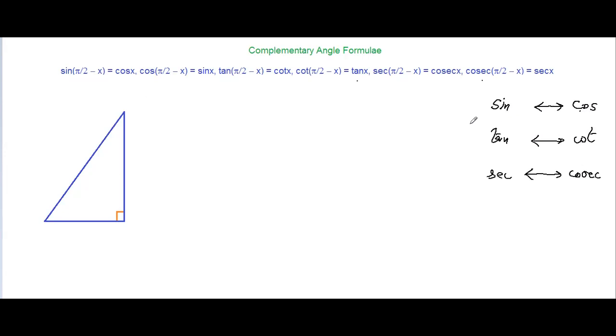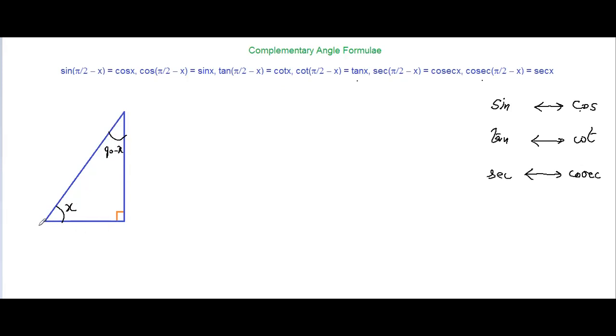These are very simple. In the 10th class, if x were an acute angle, these formulae were there in that syllabus which was actually deleted. So I have taken this diagram for the acute angle just to make things clear. If this angle is x, because it is a right triangle, this angle is 90 degrees minus x.